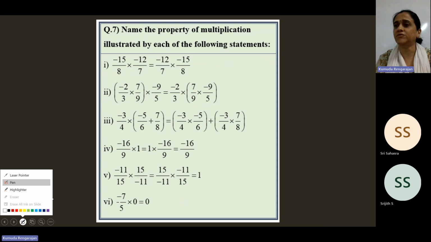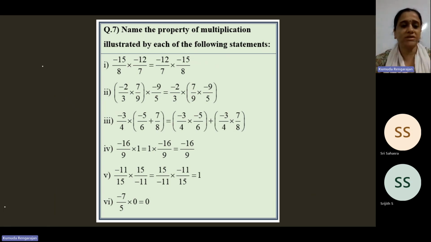Identity and inverse. See, the difference is: identity means take a rational number, add something to it, and you must get the same rational number as the answer.